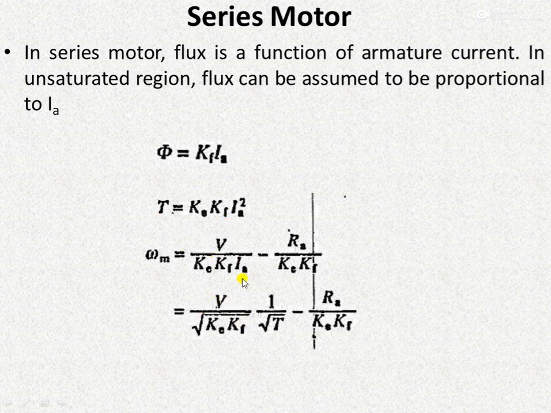After making this substitution, we obtain the relation for speed as omega m is equal to V by square root of Ke Kf into 1 by square root of T minus Ra divided by Ke Kf. This is actually the relation between speed and torque in the case of a DC series motor.